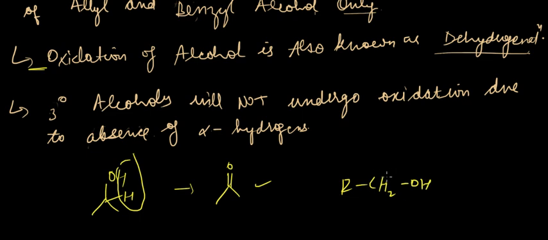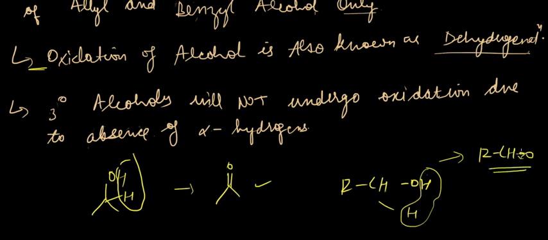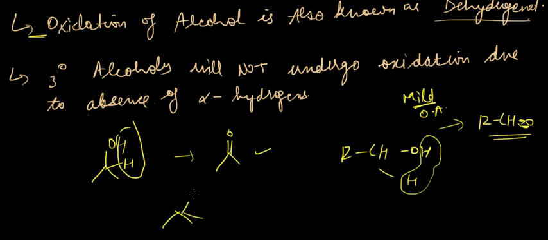Again, dehydrogenation happened in the primary alcohol in presence of mild oxidizing agent, hence aldehyde was formed. And in case of 3-degree alcohols, no alpha hydrogen was there, so no oxidation took place in this case.